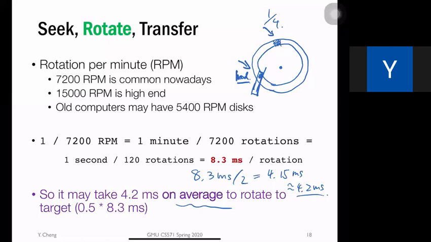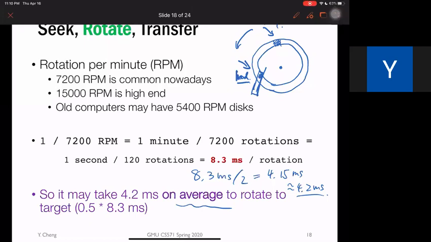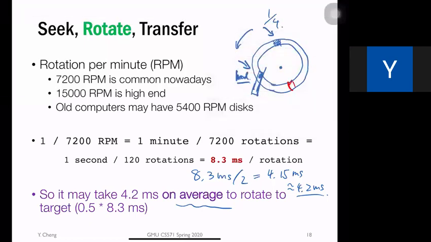But on the other hand, let's assume it's rotating in this direction, counterclockwise, okay? But let's assume your data is over here, right? Then you have to rotate all the way, which is like 3/4 of the full distance.